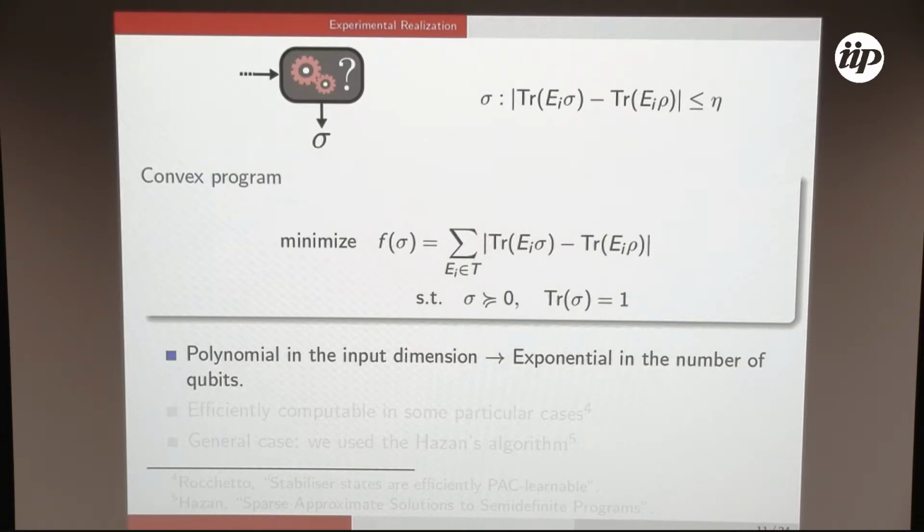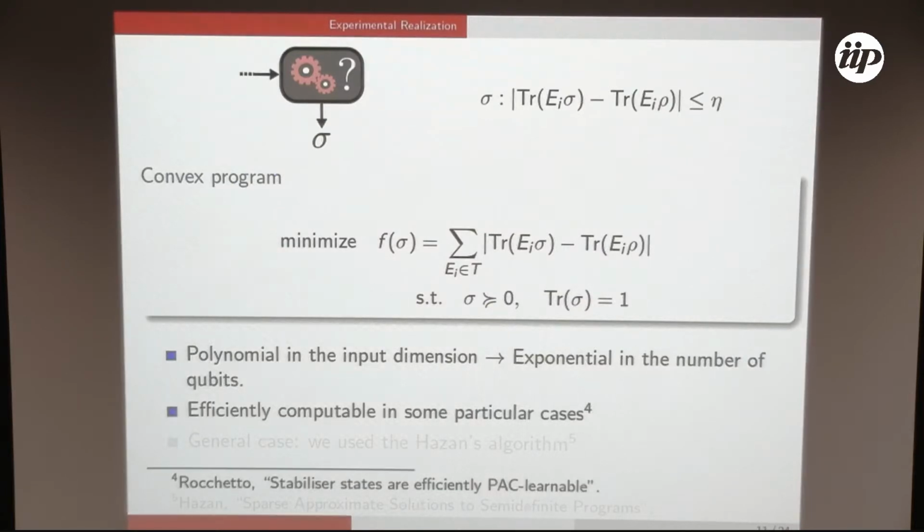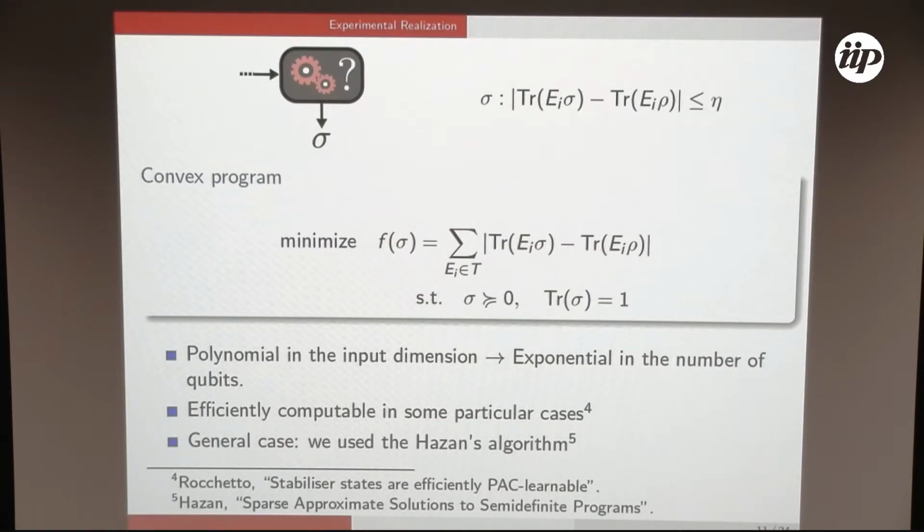It can be proved that for a special class of states, the sigma is actually efficiently computable, in particular for stabilizer states. But in the general case, it's not. And we used in our work an algorithm which makes no such assumption. So this is for the general case.